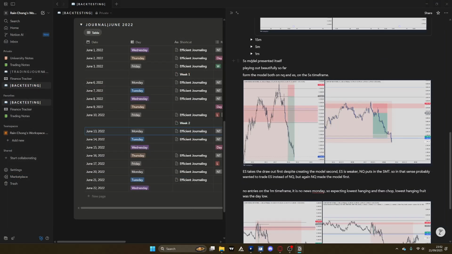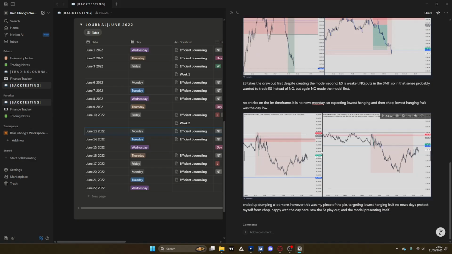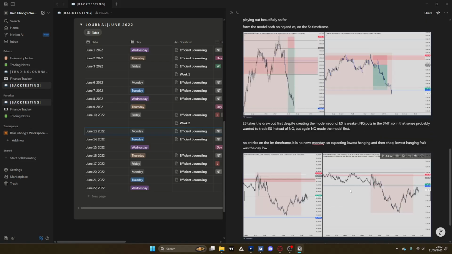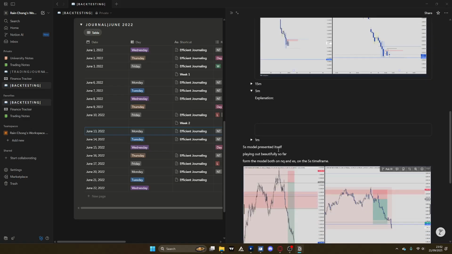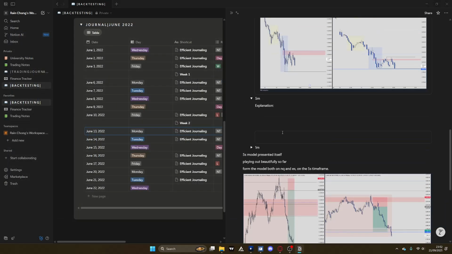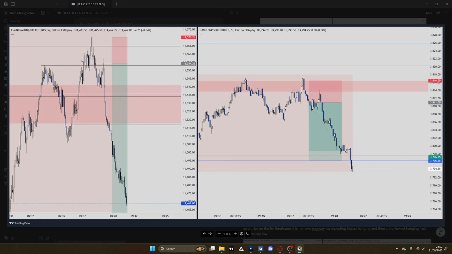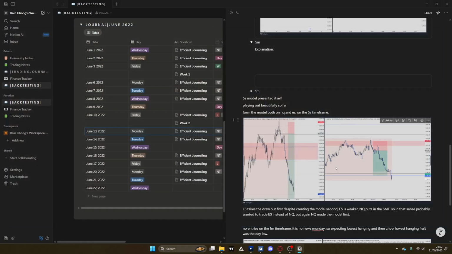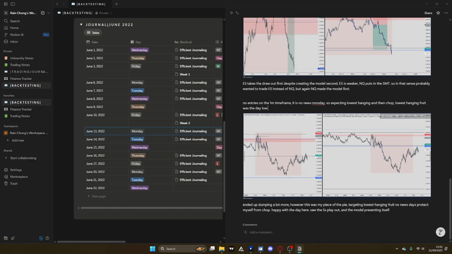Yes, takes out the draw. Let me take a look at what I used though. 15-minute civvy. EQ of the range. I can't believe I'm not writing what these are.